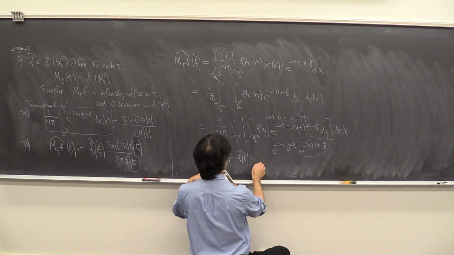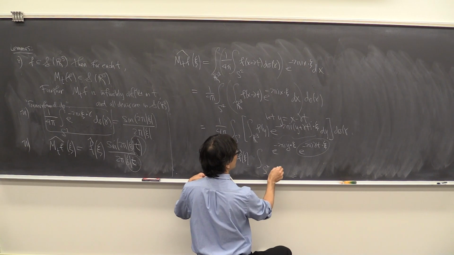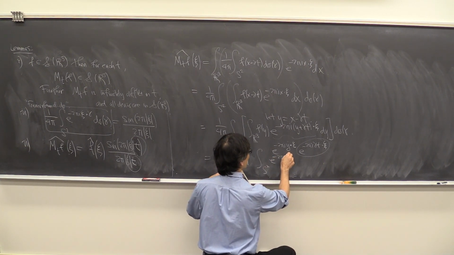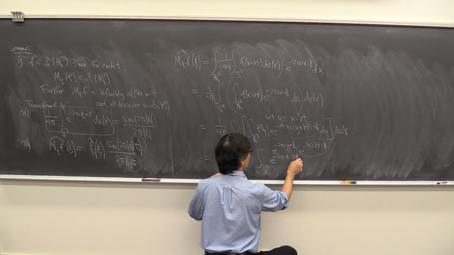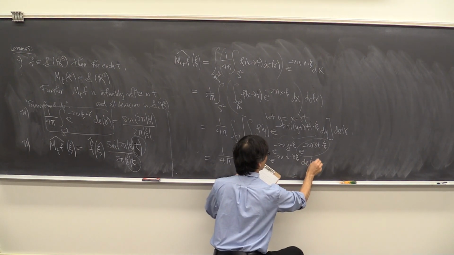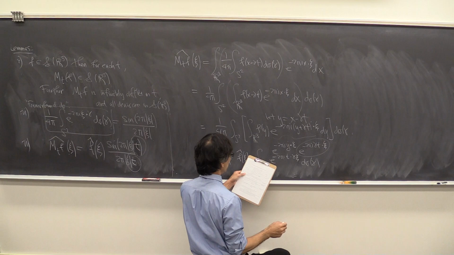And then we've got the integral over S squared of e to the negative 2 pi i t c dot gamma.